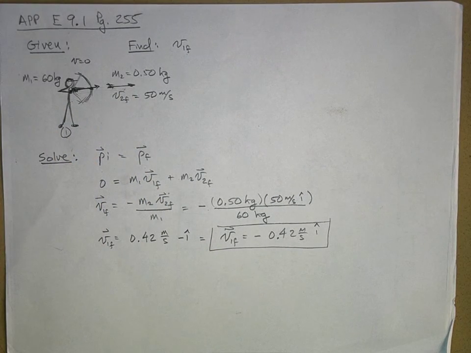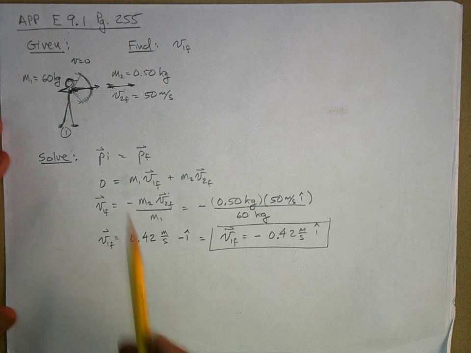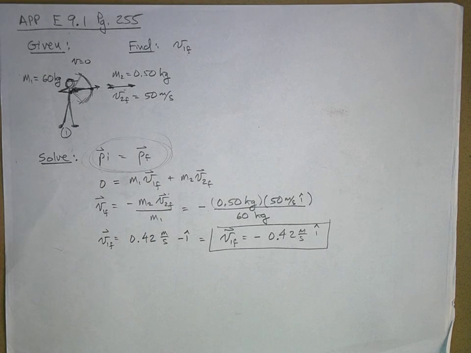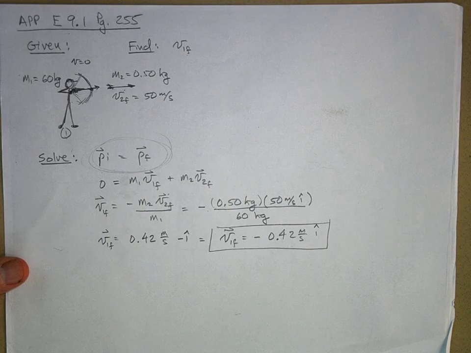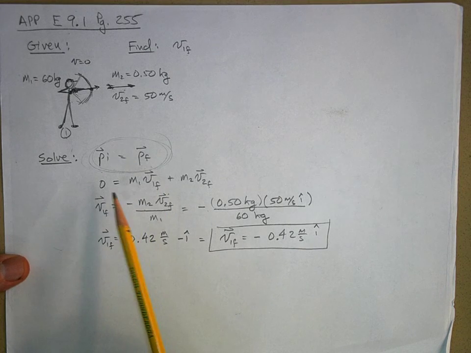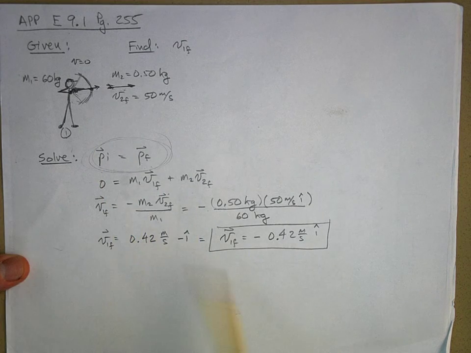There are no other outside forces acting on these objects that are going to change the momentum over the time frame we're looking at. And therefore, this is where you start. If you have a problem where momentum is conserved, start here. Then this lets you write an equation with the pieces that allow me to solve for my unknown.